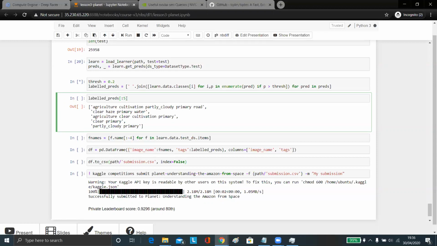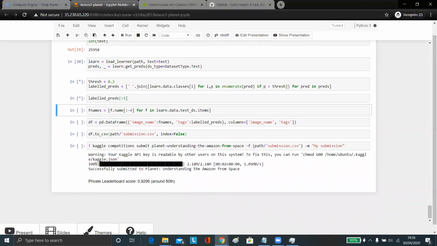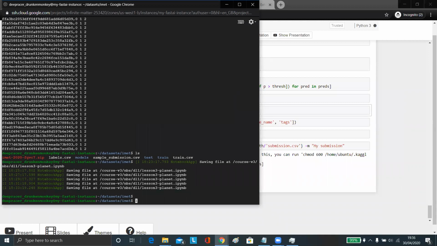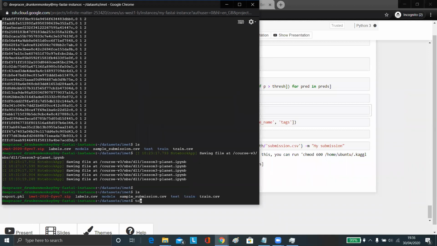Oh, this is a shame. I was hoping this would run fairly quickly. I don't think any of the remaining stuff. So hold on a second. Oh, it's head, isn't it?